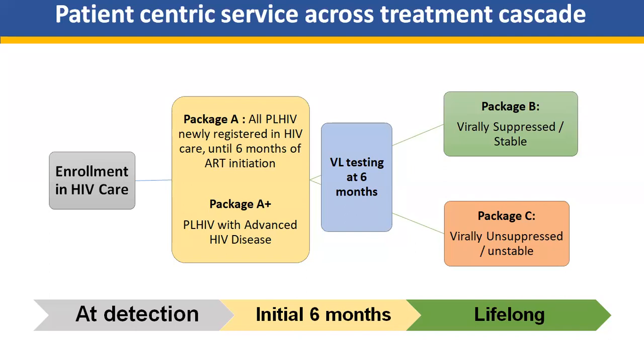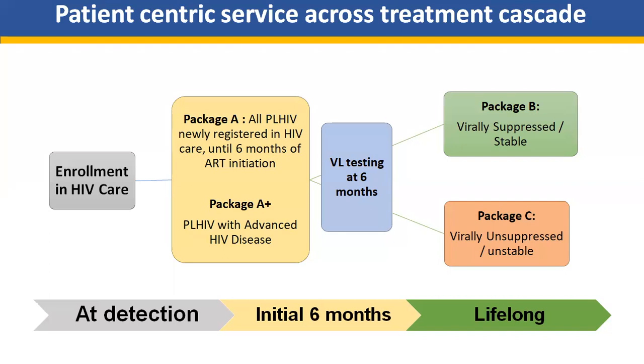So package A, the first package, is basically the initial 6 months. The initial 6 months for any new patient is the package A patient. It can be a normal seropositive patient with not much ailment. And it can also be a package A plus category patient who has an advanced HIV disease.